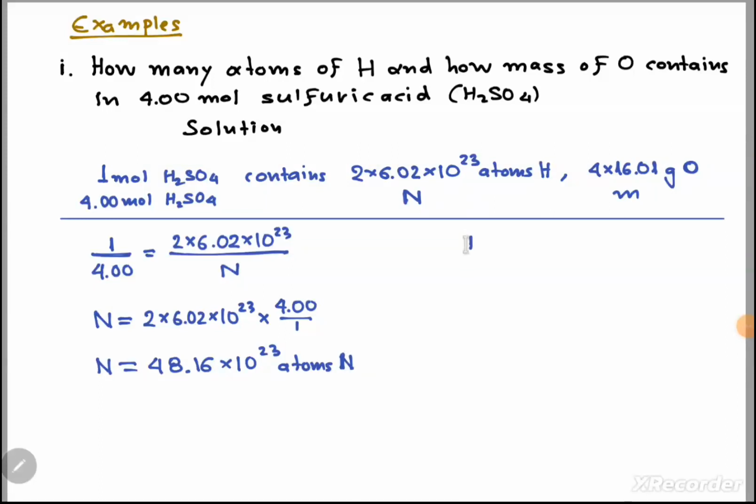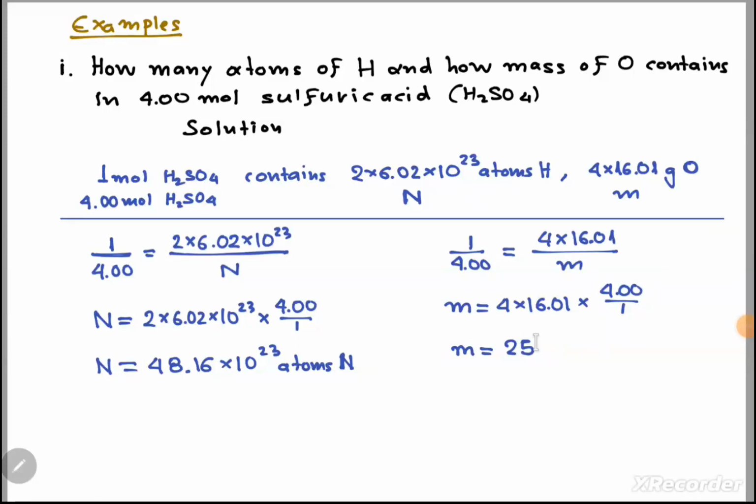Also, we have the relation which gives the grams of oxygen, and the result is 256.16 grams of oxygen. So we studied the first example.